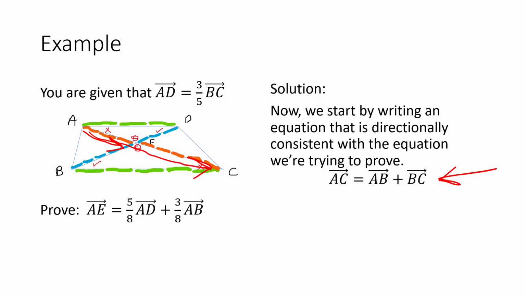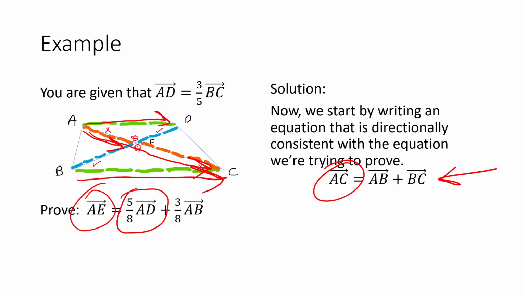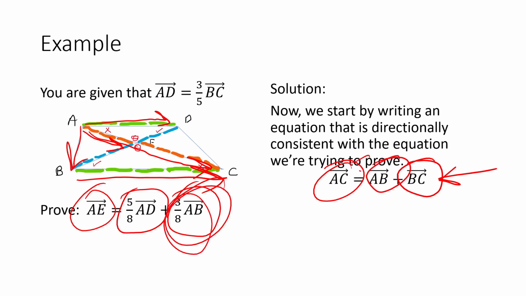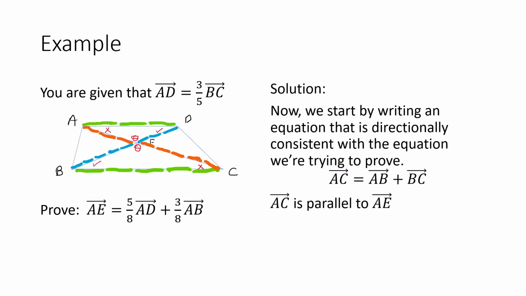AC is diagonally here. So this AE is directionally consistent with this AC. Then 5/8 AD is in the same direction as AD, which is in the same direction as BC. So that's directionally consistent. And this 3/8 AB is in the same direction as AB. So those two right here, they're directionally consistent. So I've made a good first line for my proof.